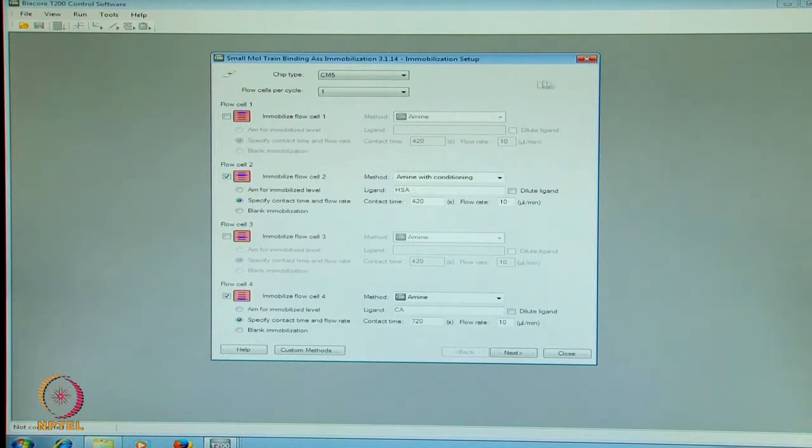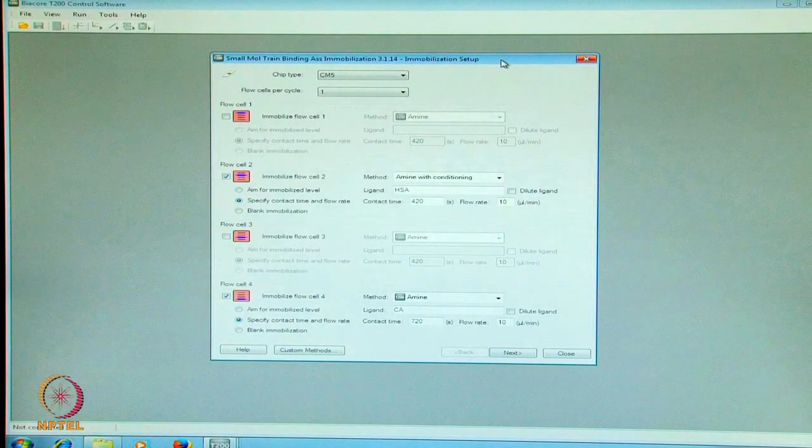Here, we have opened a new immobilization wizard for the immobilization of human serum albumin and carbonic anhydrase on two different flow channels separated with two reference channels.